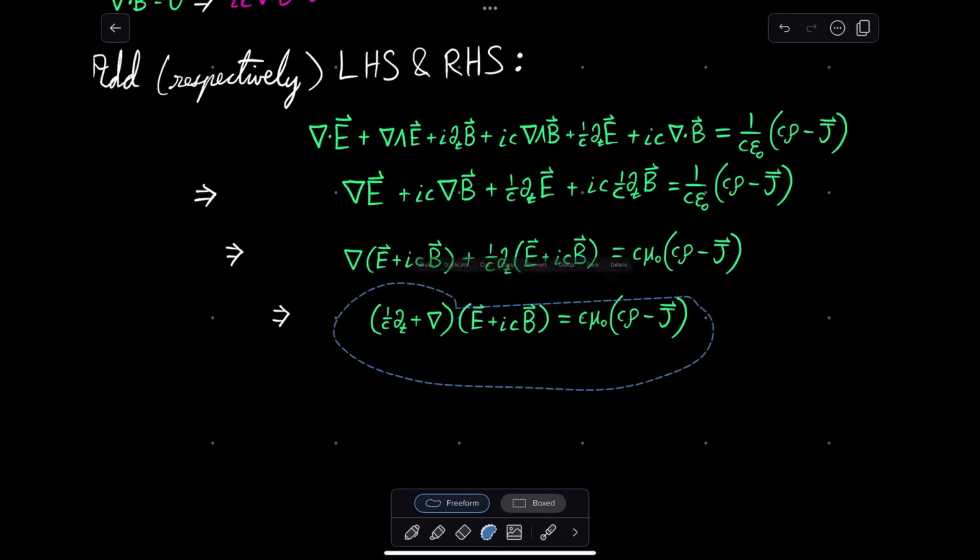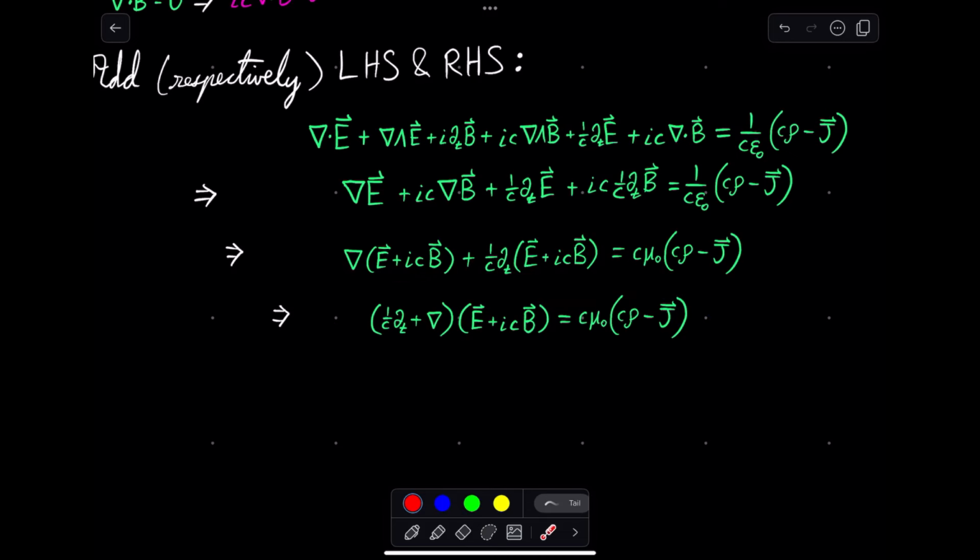And if you notice, you have a paravector on the right, then you have a biparavector in the middle, and then you have the space-time gradient here. So it looks like we've been able to successfully combine them all. So let's look and maybe more rigorously define what these would be.